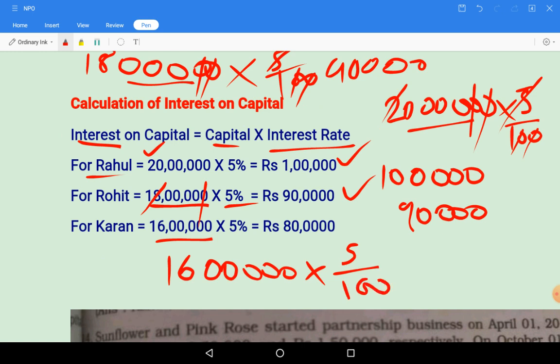Assume it is for 10%. For 10%, what will we do? We will deduct 10 here. That's it, the remaining will be the same. So if you get the calculation for 10%, you will easily get the calculation for 5% also. Suppose instead of 5%, you assume it as 10%, simple.